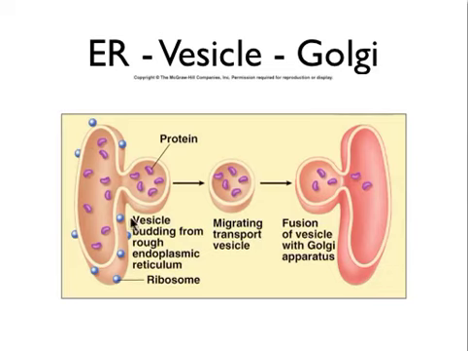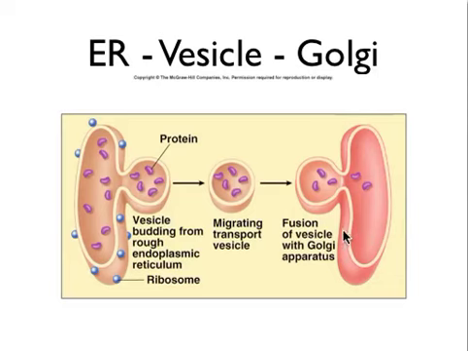We can see the ribosomes here. Protein is formed on the inside. Then a section of the membrane of the endoplasmic reticulum forms a vesicle, so it folds inwards, forming the vesicle, detaches from it, and migrates to the Golgi apparatus, where it fuses.